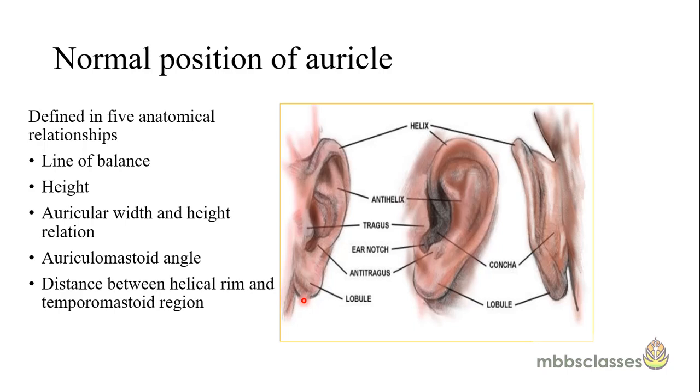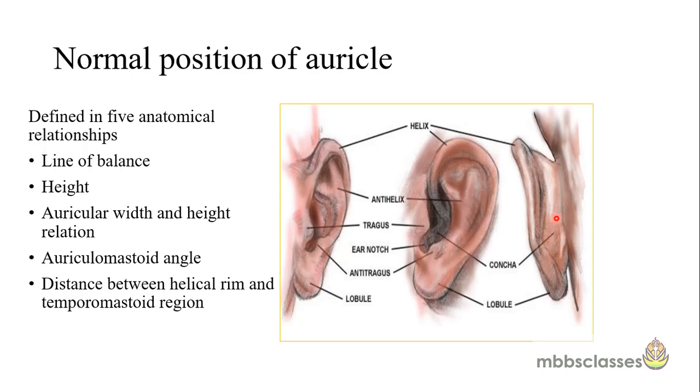The next point taken into account while defining the position is the auriculomastoid angle. This is the angle between the auricle and the mastoid region, which we can see in this posterior view. This is the frontal view, this is the lateral view, this is the posterior view.